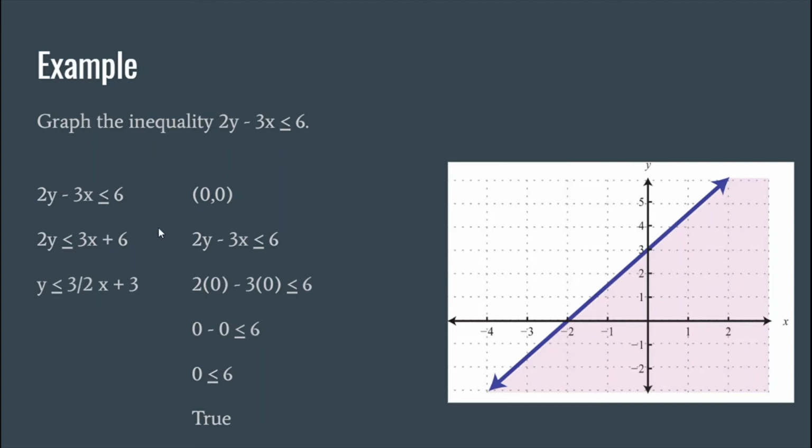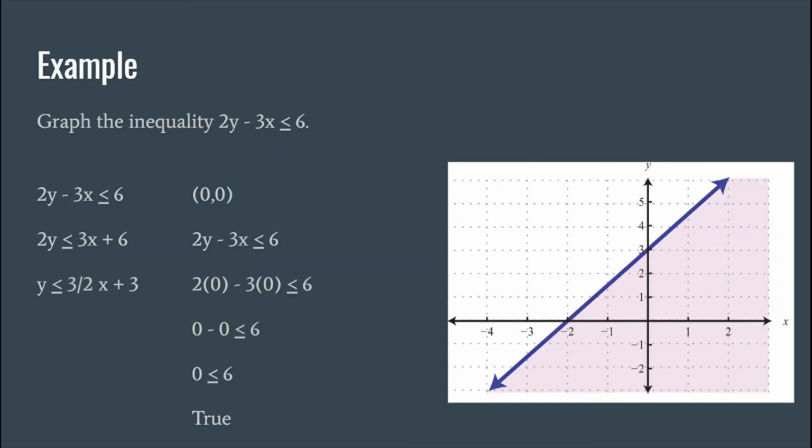And we use the test point 0, 0. 0, 0 is not on this line, so that works. When we simplified it, we came out to a true statement at 0, 0. So you see all this here is shaded in, meaning this whole area here is part of our solution.